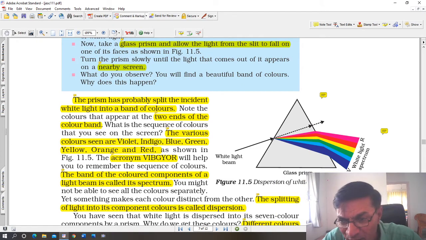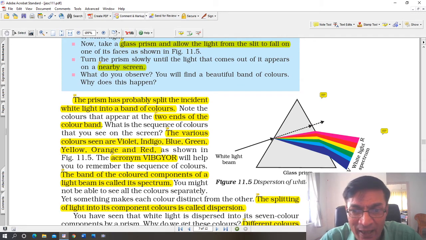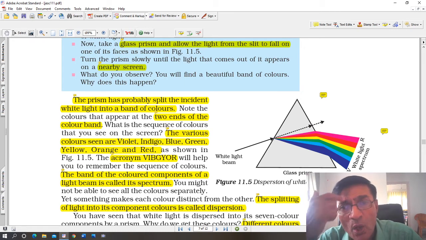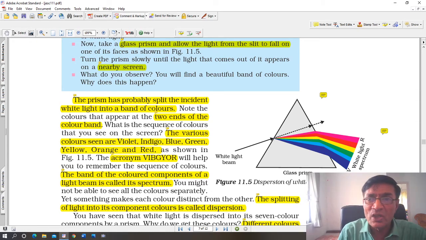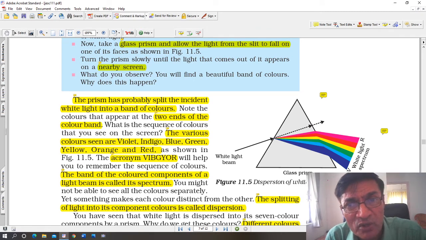Now look at the order in the diagram. You can see violet suffers the most bending, red suffers the least bending. Between these colors there are other colors. But what you must understand carefully here is, why do they bend? Why does violet bend maximum? Why does red bend minimum? Because these colors travel through glass at different speeds.